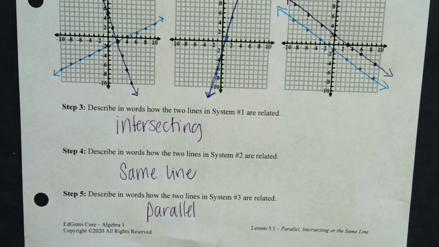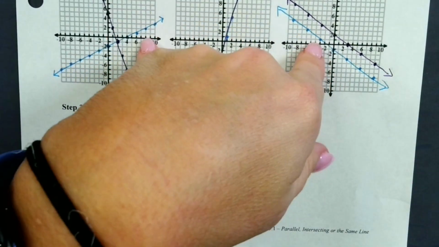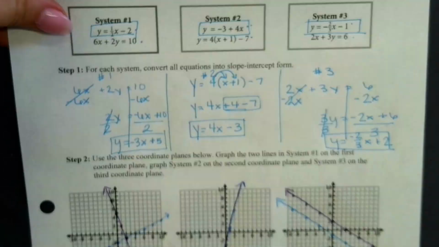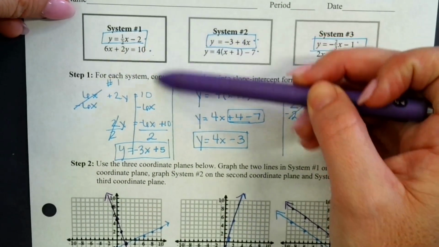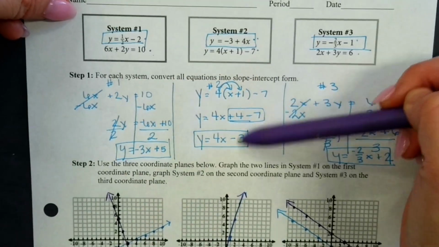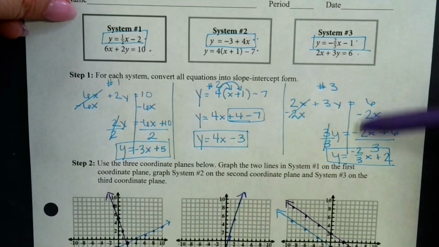Okay, so what we're focusing on today is being able to look. You're not always going to graph these. Our goal is to be able to look right here and go, okay, these are intersecting. Okay, these are same line. Okay, these are parallel.